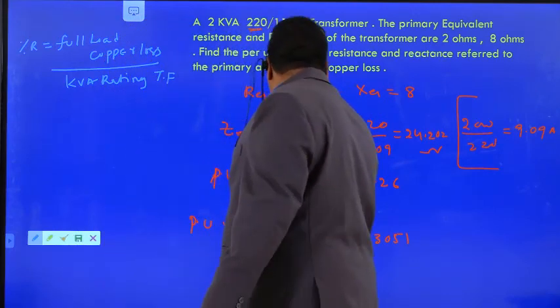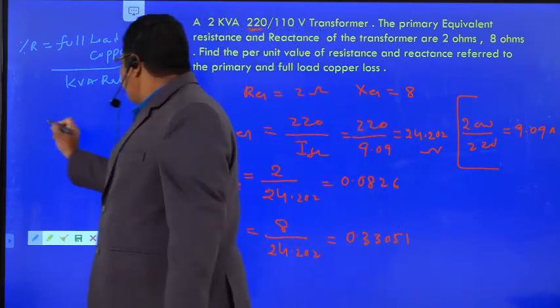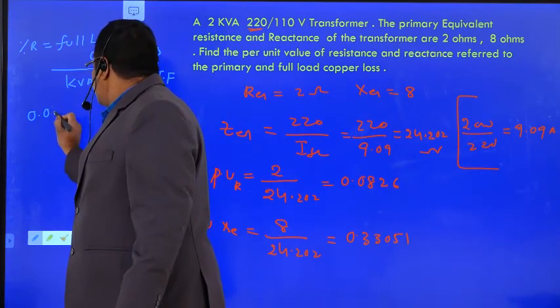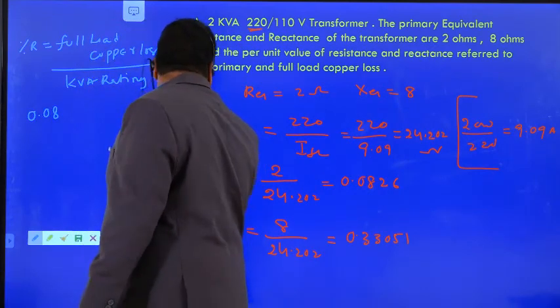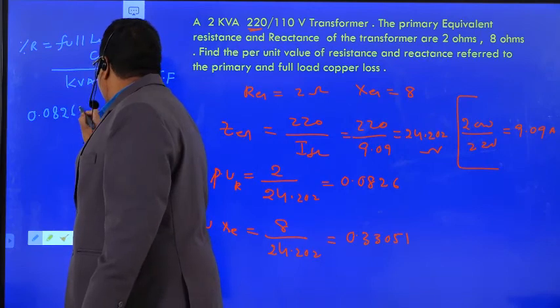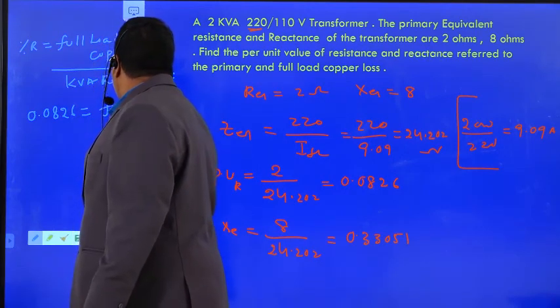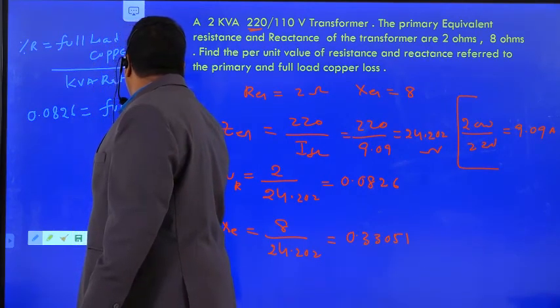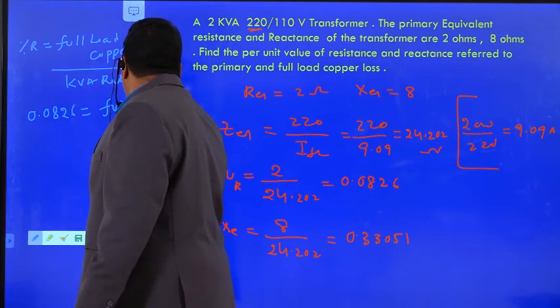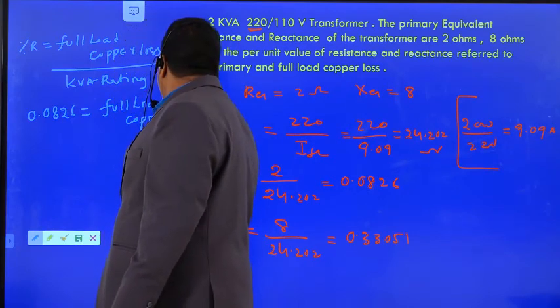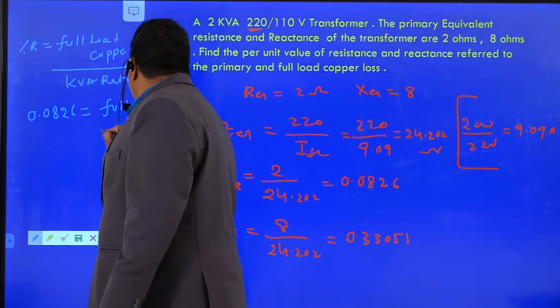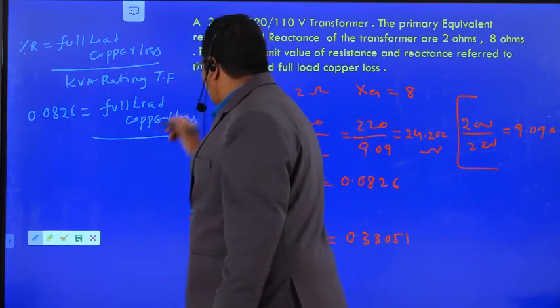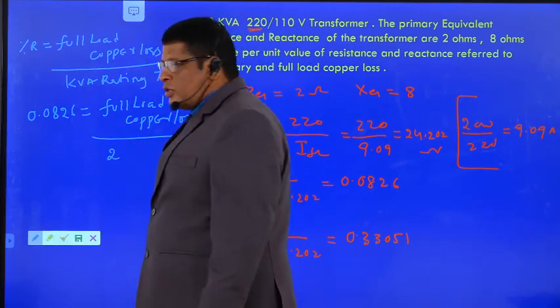The per unit value of resistance we already know, that is 0.0826, equal to the full load copper loss, which we have to calculate, divided by the kVA rating, that is 2 kVA.